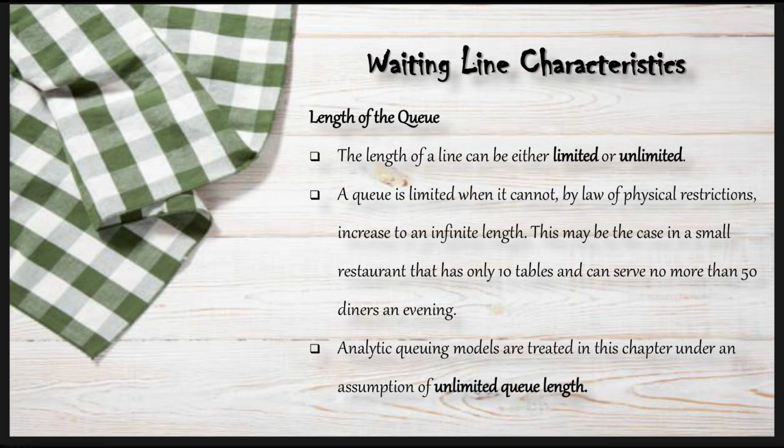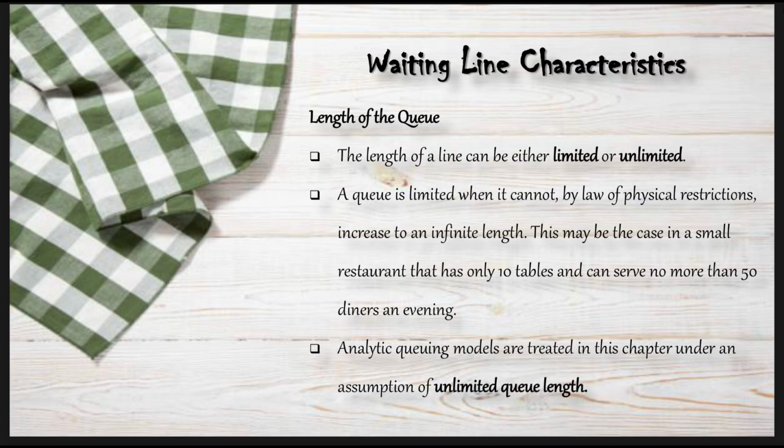By the way, the waiting line itself is the second component of a queuing system. So, continuing, a queue is limited when it cannot, by law or physical restrictions, increase to an infinite length. This may be the case in a small restaurant that has only 10 tables and can serve no more than 50 diners an evening.